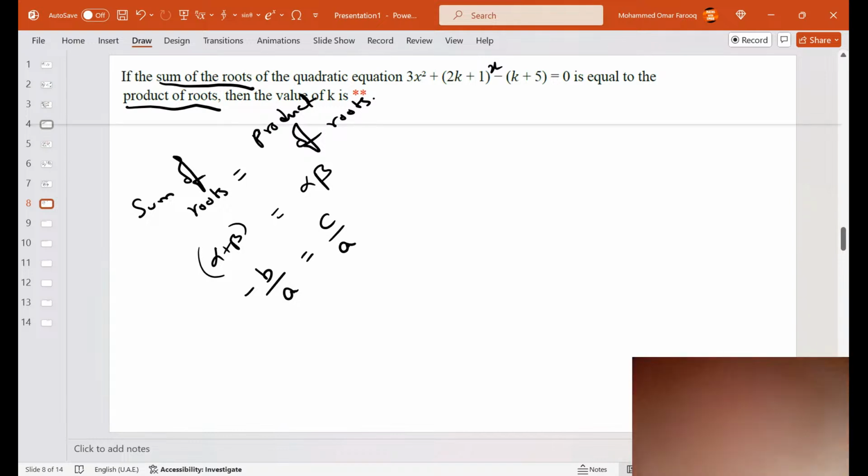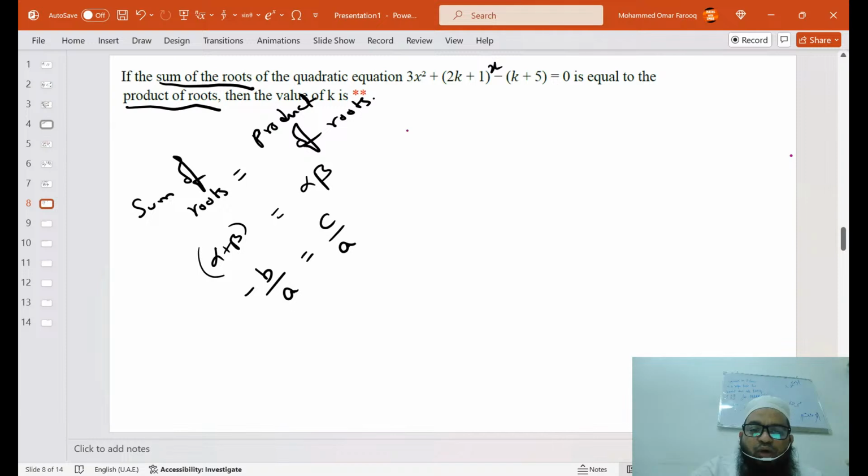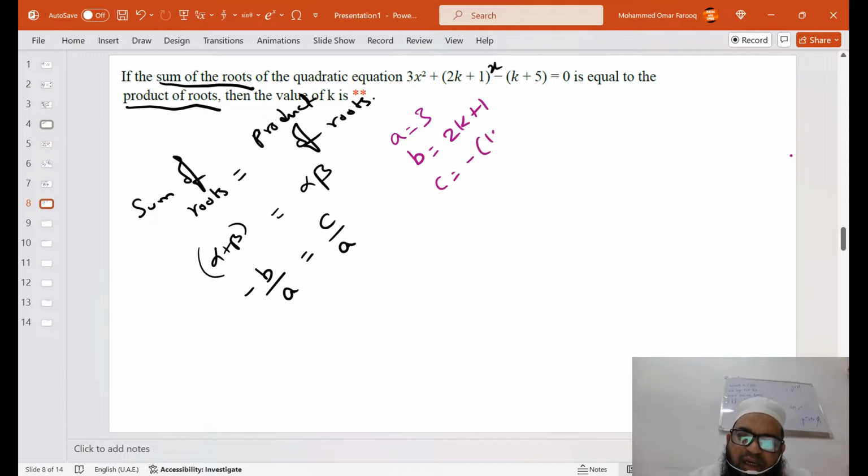Now, before going to this step, let us write what is a. A is 3. And what is b? 2k plus 1. And what is c? Minus of k plus 5. Because the sum of the roots of the quadratic equation is equal to the product of the roots, minus b by a is equal to c by a.